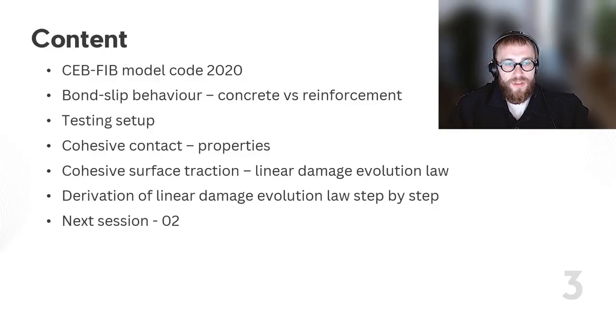So we will do a step-by-step derivation of the linear damage evolution law to explain how it works, to have a proper understanding for inserting it into ABAQUS. And in the next session, we will discuss the modeling in ABAQUS to get the results and input all the properties that will be discussed today.